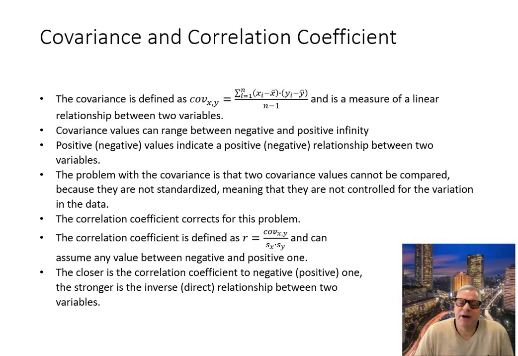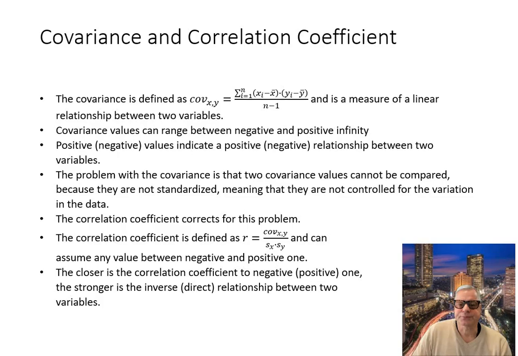And then we divide again by n minus 1. The reason why we divide by n minus 1 is similar to why we divide the variance by n minus 1. It will make it an unbiased estimator.